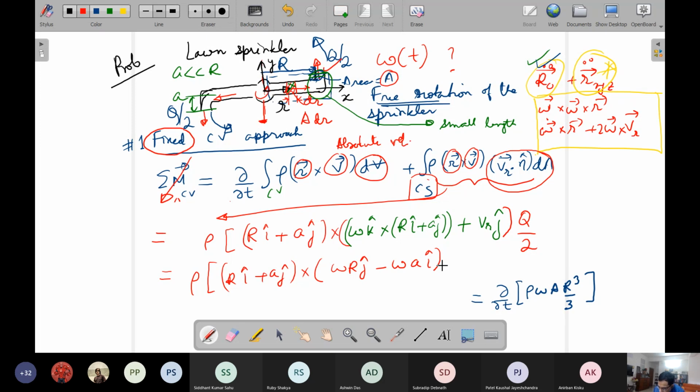Okay, so k cross i is j and k cross j is minus i. That is what is written here. Plus V r j into Q by 2.